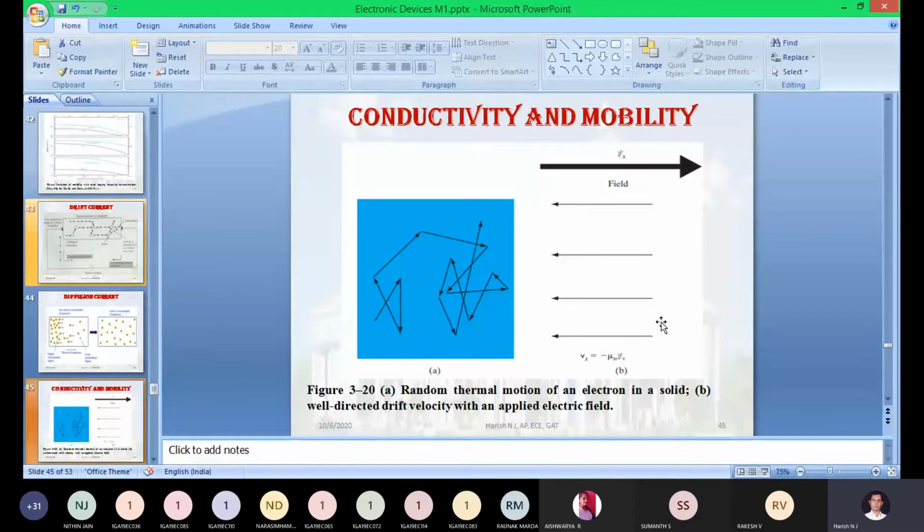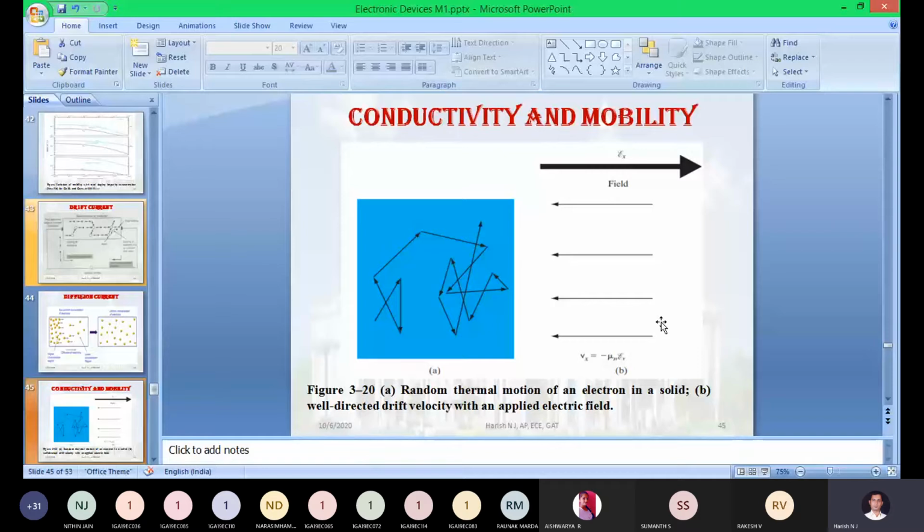Out of 40,000, maybe 10,000 electrons will collide. Still 30,000 electrons will be participating in constituting a current, right? Hence, instead of simply saying current, I use the word current density.